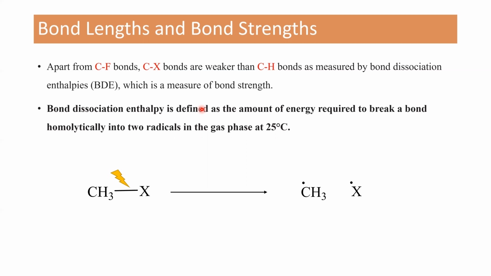Here you can see an example. This is the CH3, showing one of the alkyl sides of the haloalkane, and X stands for any of the halogens: chlorine, bromine, iodine, and fluorine.